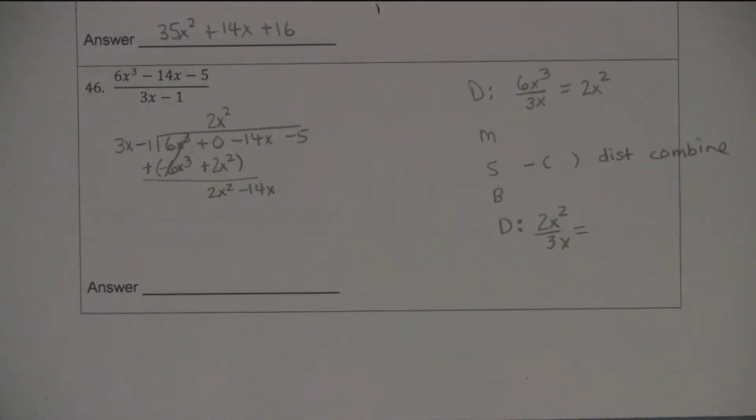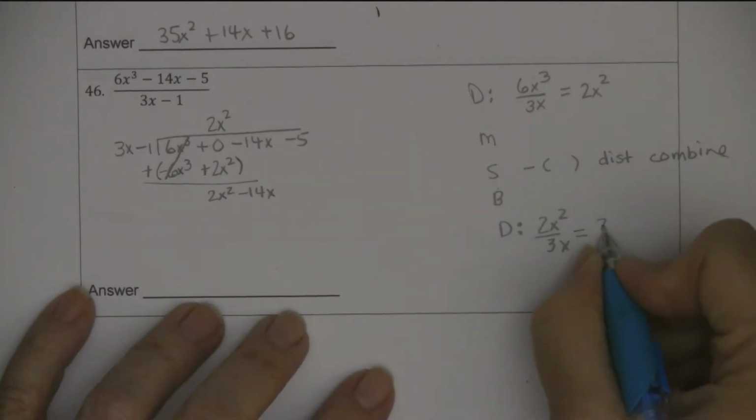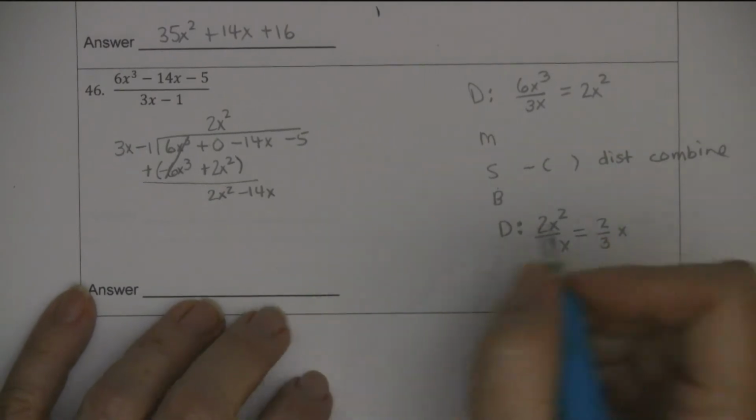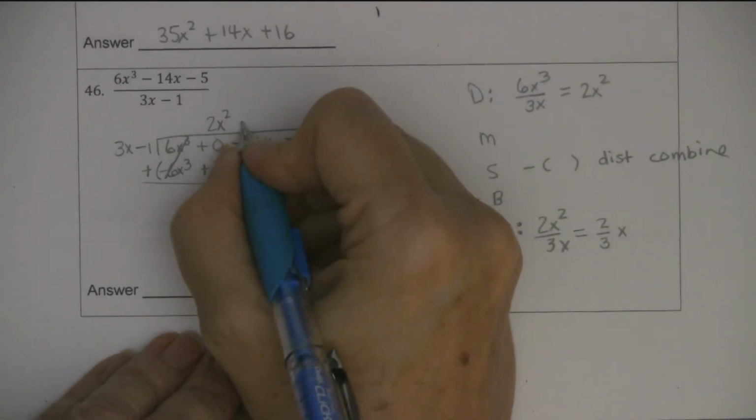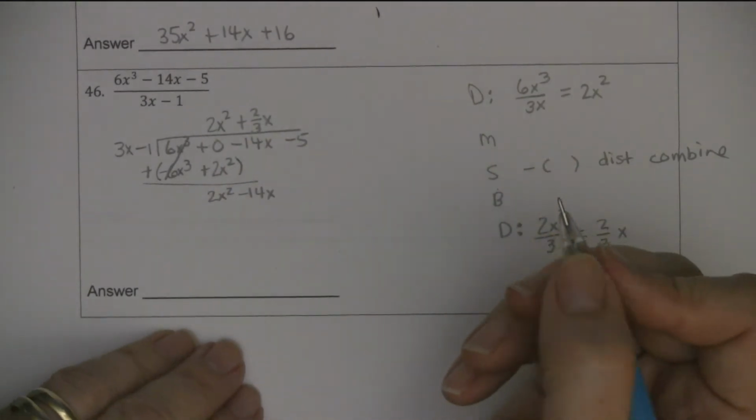And I thought I didn't have any fractions in there, but I certainly do. Well, my life will go on. So 2/3 x, so it is positive. So positive 2/3 x. I gotta check that problem.